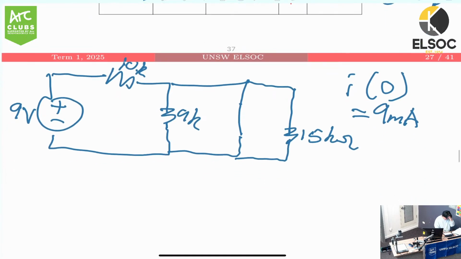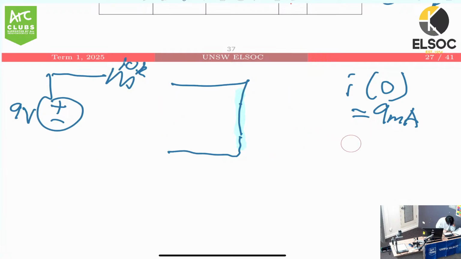So once again, they've made our lives very easy with the placement of the inductor, as it's been short circuited. So these two resistors are no longer applicable.